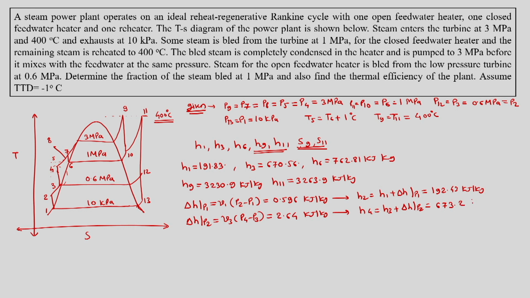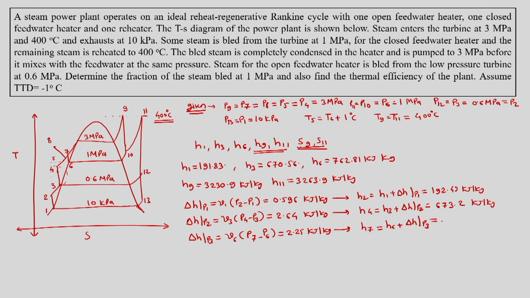673.2 kilojoule per kg. Then we can find out delta H P3, which is specific volume at 6 into P7 minus P6, and this gives us the value of delta H P3 as 2.25 kilojoule per kg, and we can get H7 as H6 plus delta H P3.